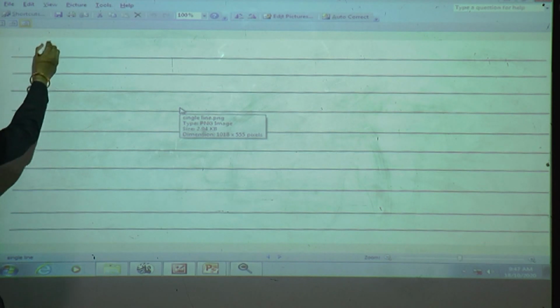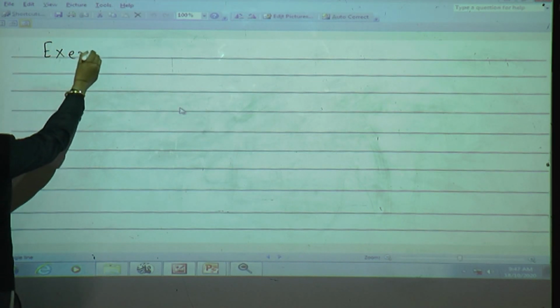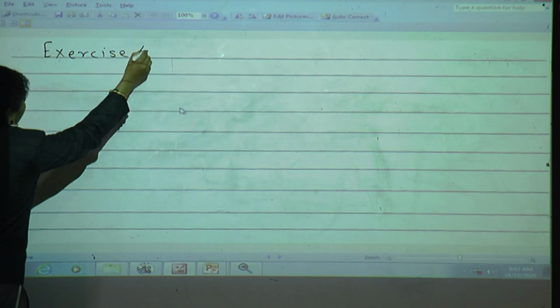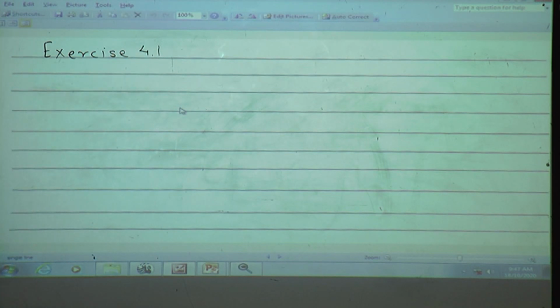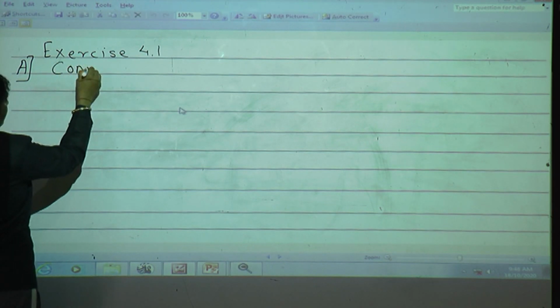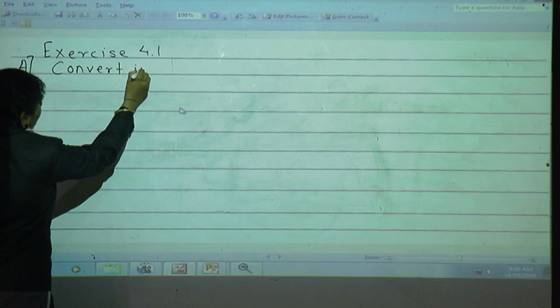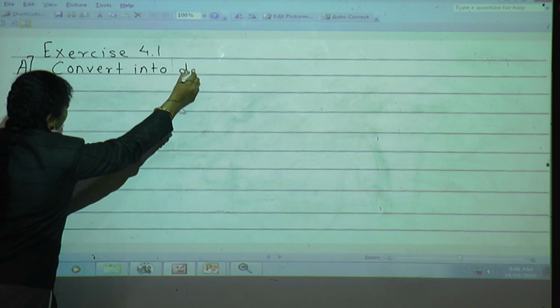Exercise 4.1, convert into days. Here, first A1, what is this? Convert into days. Okay, convert into days.